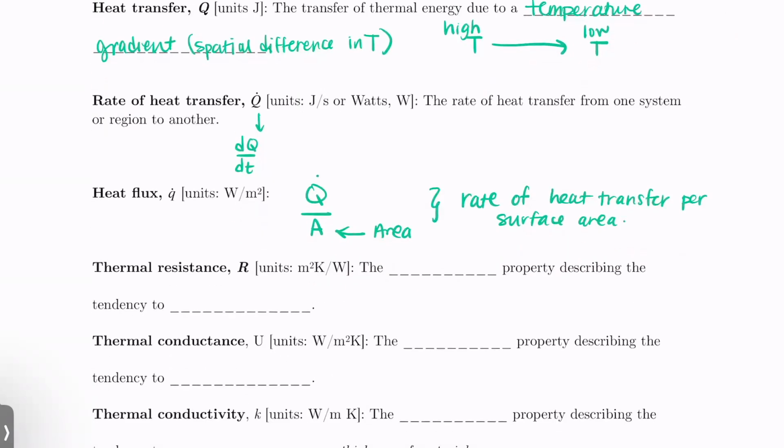Thermal resistance is R, which has units of meter squared Kelvin per watt. This is a material property that describes the tendency to resist heat transfer.